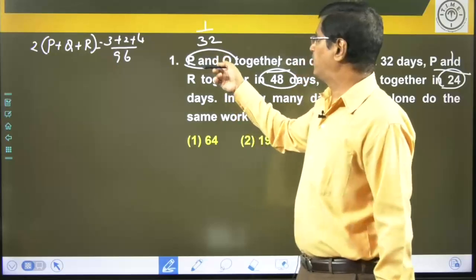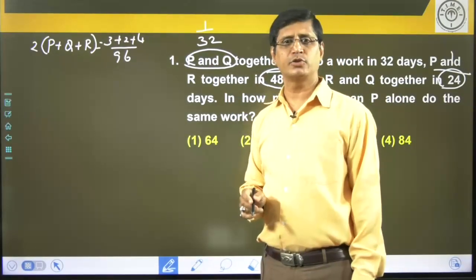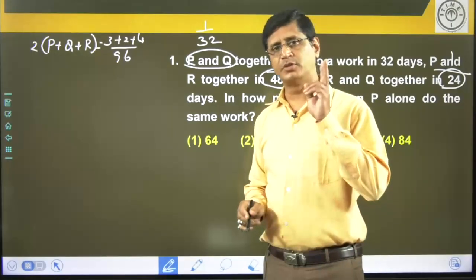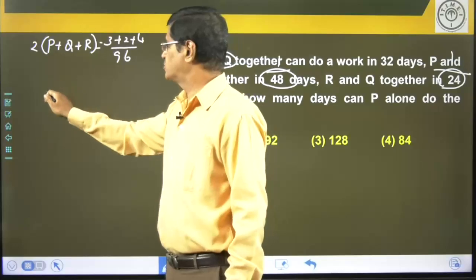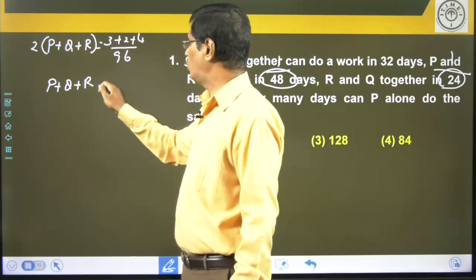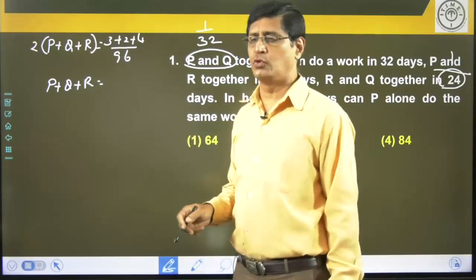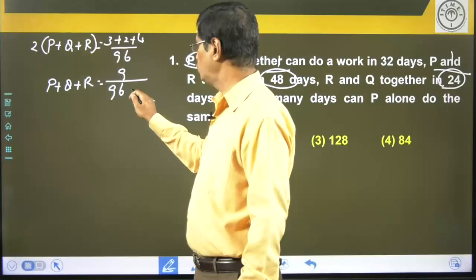Now, 1 day work of P plus Q, 1 day work of Q plus R, 1 day work of P plus R. By adding all these, we get 1 day work of 2 times of P, 2 times of Q, 2 times of R. P plus Q plus R is equal to how much here? 3 plus 2 plus 4, that is 9 by 96 into 2.